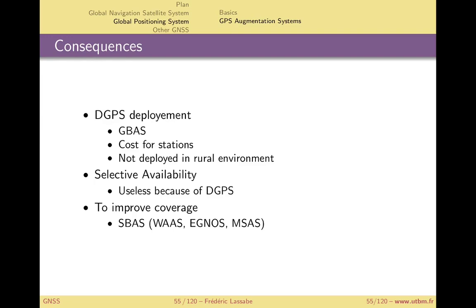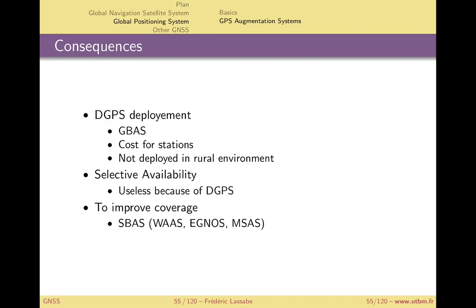However, since it rendered selective availability useless, selective availability was discarded in the year 2000, and now we have the standard positioning service of the GPS to use, still fixed and improved by augmentation systems.